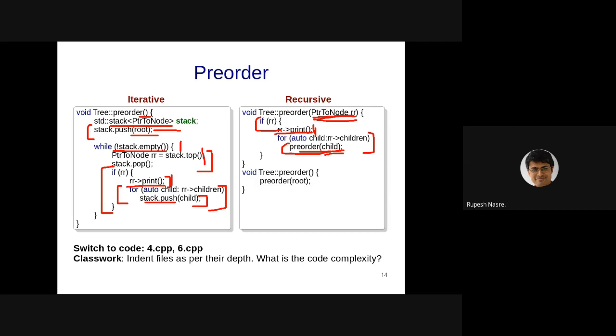Whereas the system, when it calls the pre-order repeatedly, might not know what all to push, so it will just push all the context information. That will be a little costly, and that little cost will go on adding as the stack depth increases, that is, as the tree size increases. Therefore, absolute value of iterative version is likely to be better in this case.